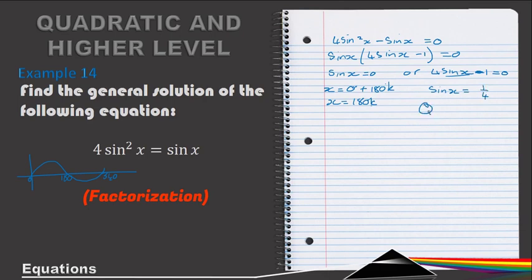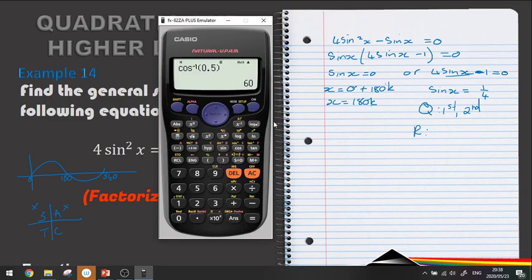Now quadrant: where is sine positive? If I look at my CAST diagram, sine is positive in the first and second quadrants. Then the reference angle is the inverse of sine of 1 over 4. So this is going to be shift sine 1 over 4.